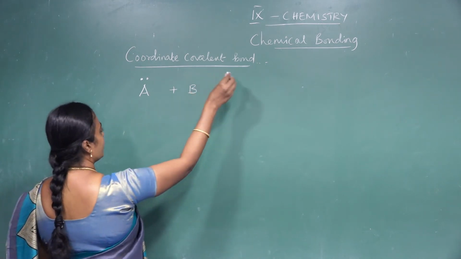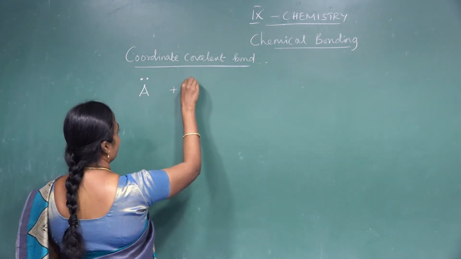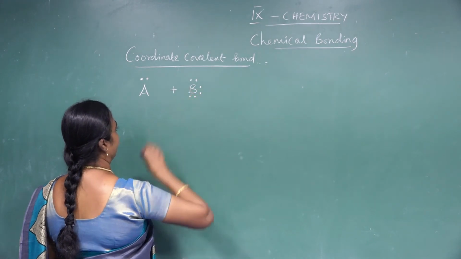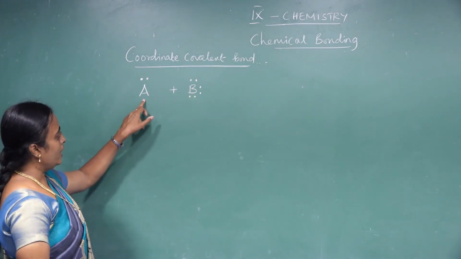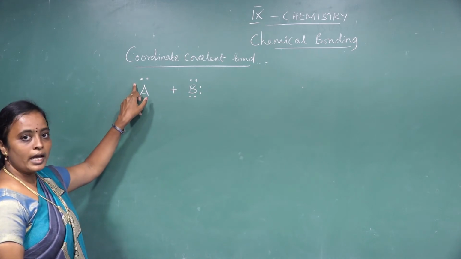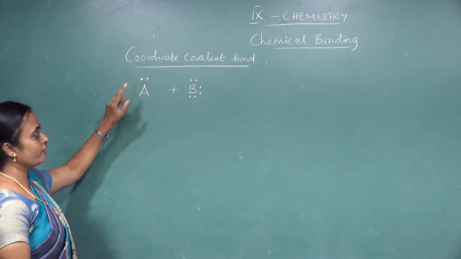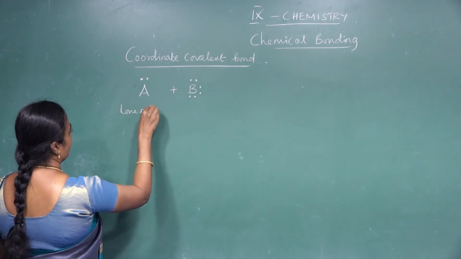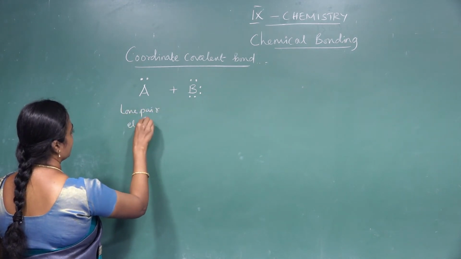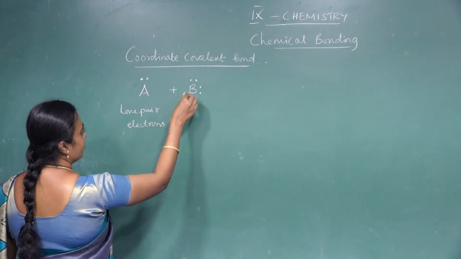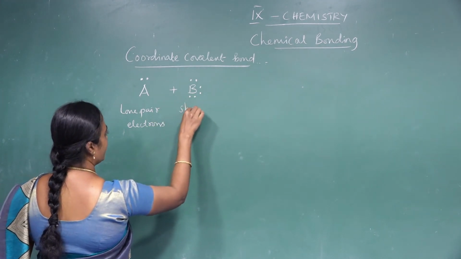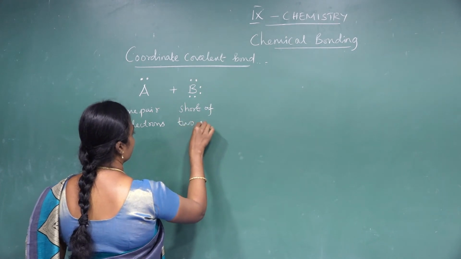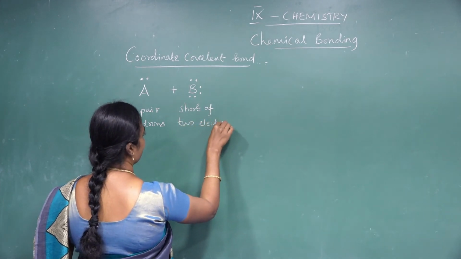So for its octet, short of 2 electrons, we will take 6 electrons in the outer shell. So A atom has a lone pair of electrons. B is short of 2 electrons for its octet.